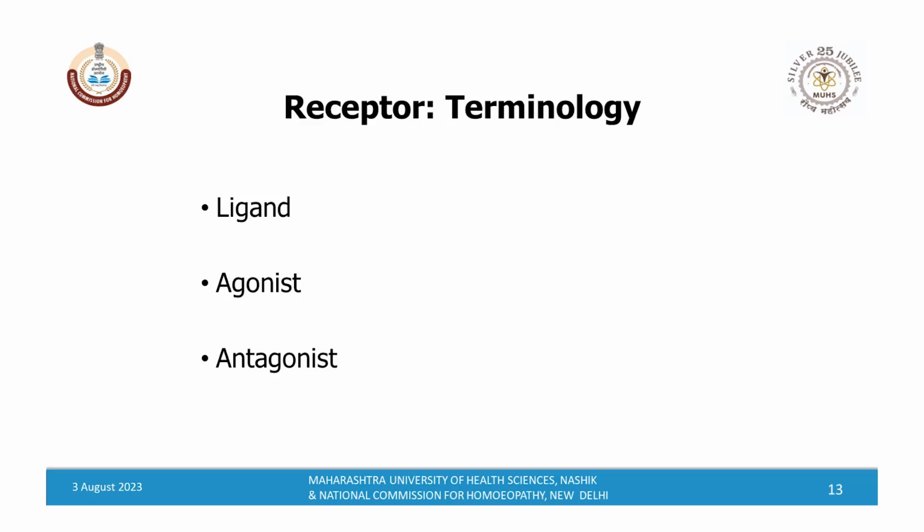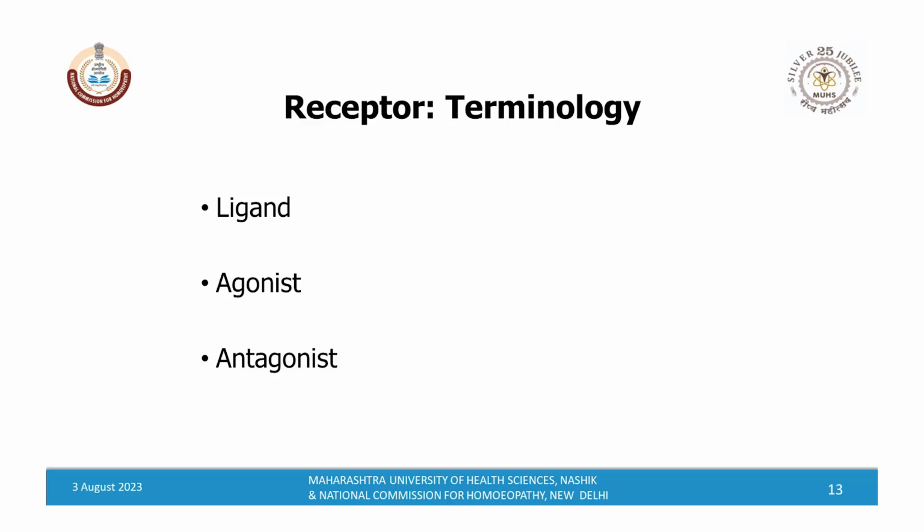An agonist is a substance that binds to a specific receptor, activates it and produces effect, while an antagonist is a substance that binds to a specific receptor and blocks the site, so that now the agonist cannot bind there and produce action.